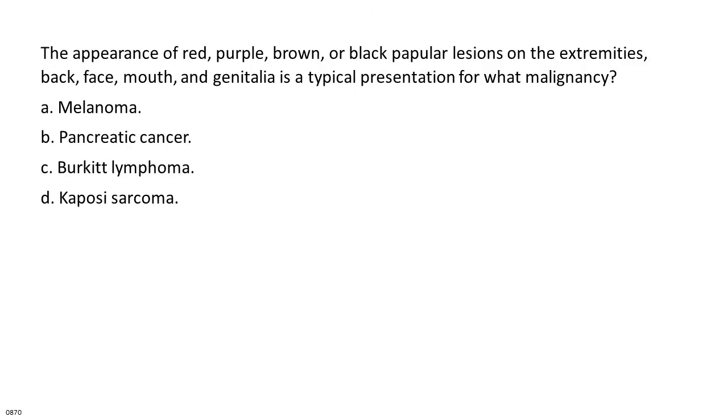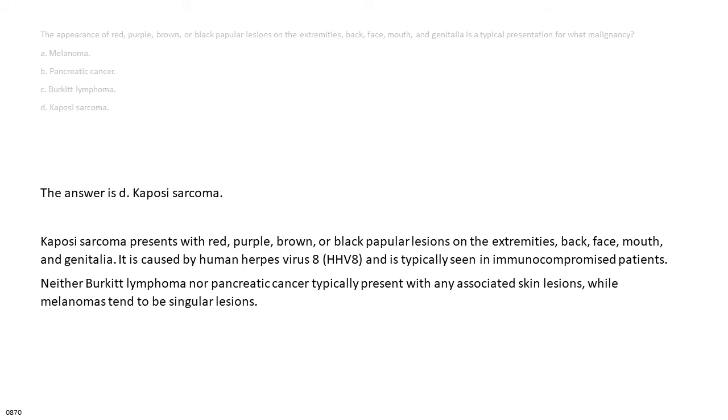The appearance of red, purple, brown, or black papular lesions on the extremities, back, face, mouth, and genitalia is a typical presentation for what malignancy? A. Melanoma. B. Pancreatic cancer. C. Burkitt lymphoma. D. Kaposi sarcoma. The answer is D. Kaposi sarcoma.